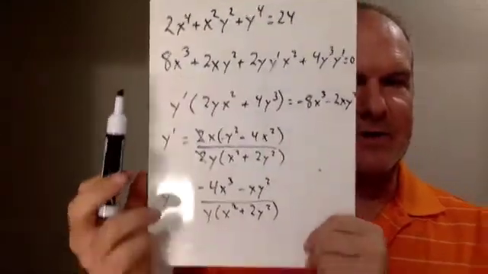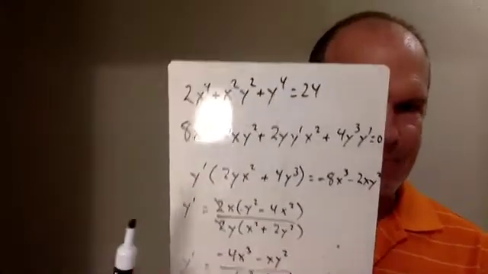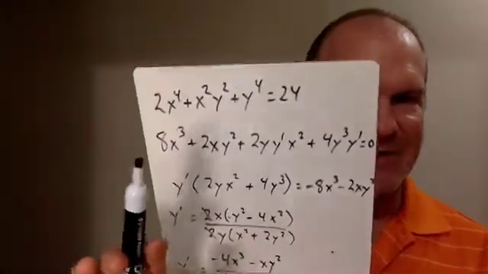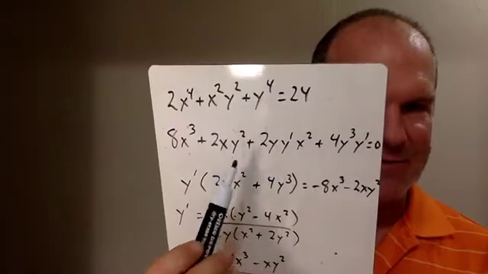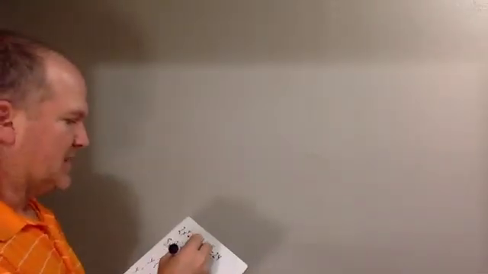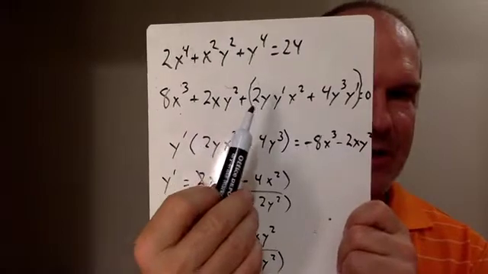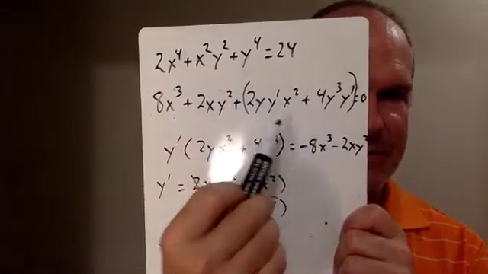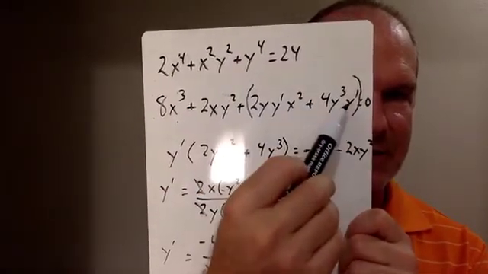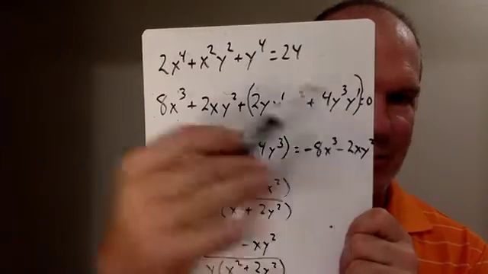Okay, now we get into some crazy algebra. We got to solve for just a single y prime, but we have 2 y primes, so we're going to factor out a y prime from our second 2 terms here. So I'm going to put parentheses around those. So it's this whole crazy term plus this that each have a y prime in it. So I'm going to pull a y prime out.